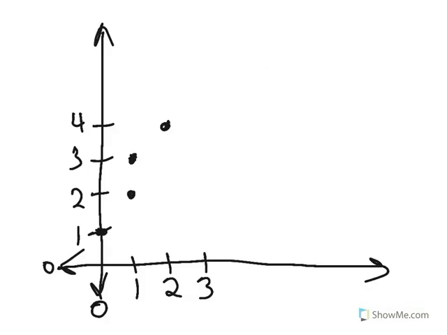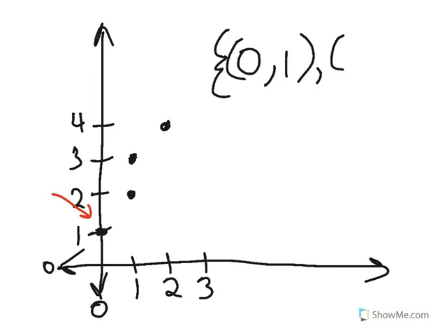Here's another way to look at the same relation we've been talking about. If you look at each of the dots that I've drawn here, you can reconstruct the entire relation just by reading the coordinates off. The first one is 0, 1. That one's right here. The next one is 1, 2.